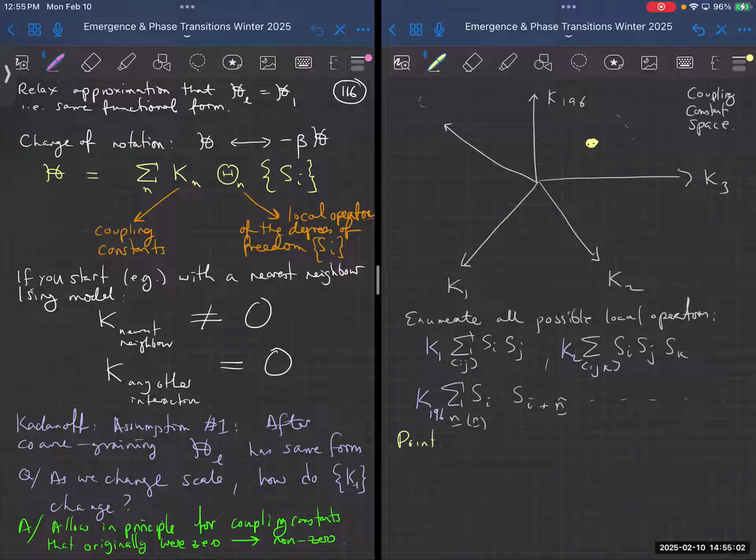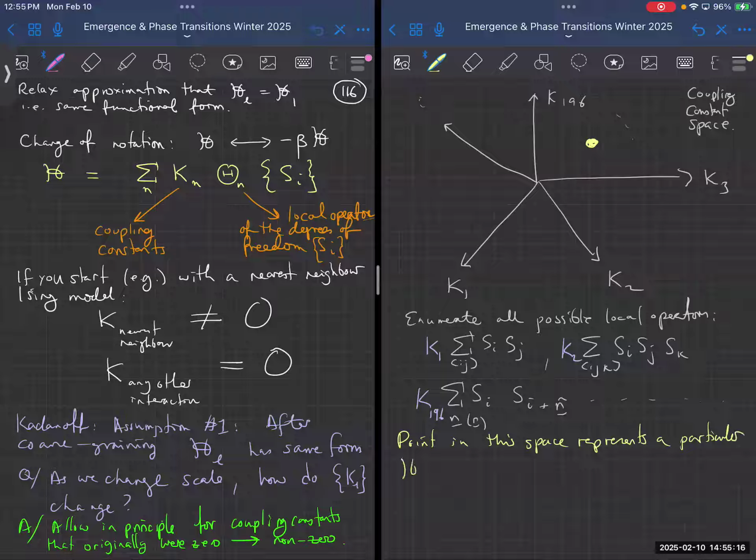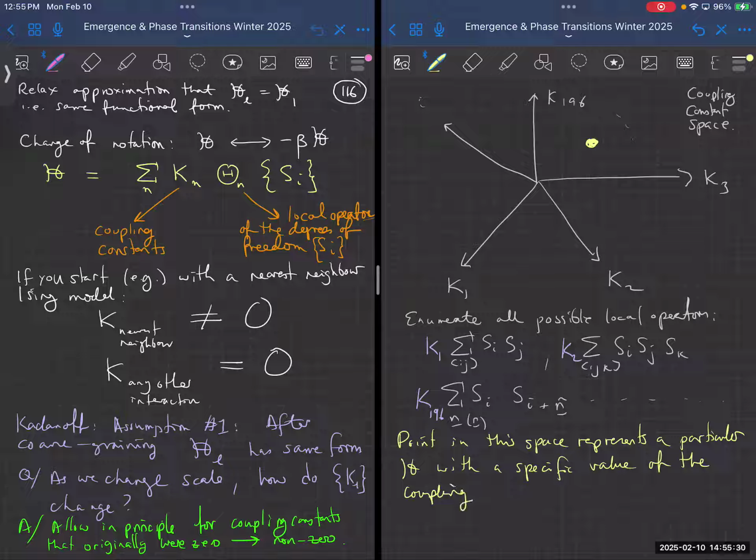A point in this space represents a particular Hamiltonian with a specific value of the coupling constants. It may be that some of those values are zero. Some of them will be non-zero. But in general, a point in this space represents a Hamiltonian.